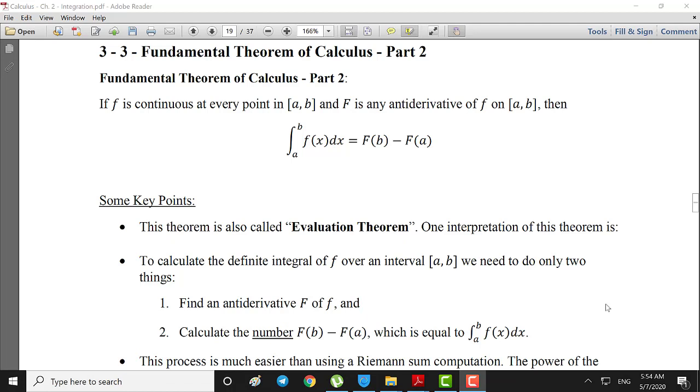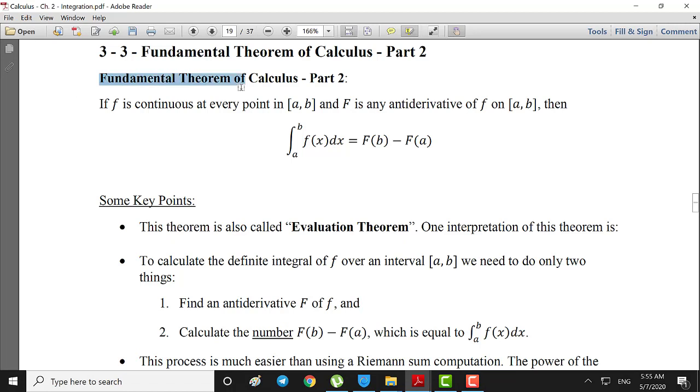So you don't actually need to use the limit of the Riemann sum, and you can use this theorem.